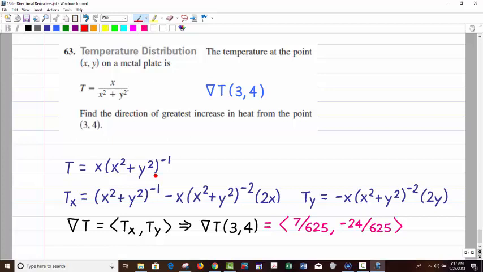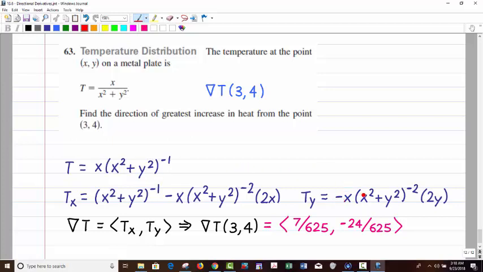I'm not going to worry about trying to simplify anything, because after I figure out the y partial, all I'm doing is plugging in the point (3, 4), so I don't really need to simplify it. Just put 3, 4 into the calculator and get it from there. We don't need to algebraically simplify it. I don't think it's going to help that much.